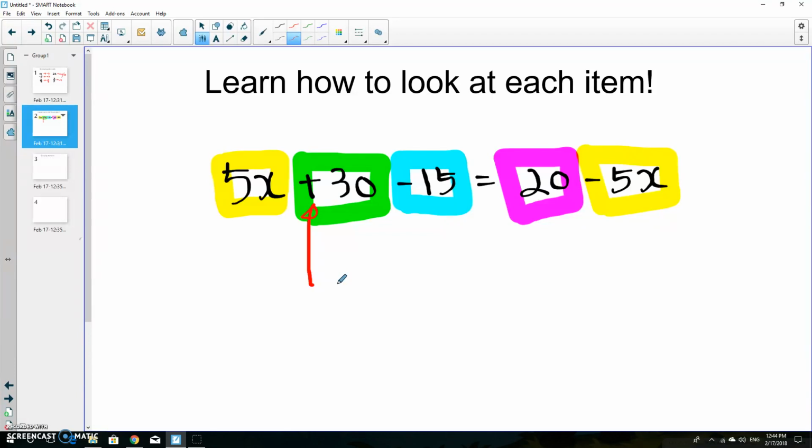Some of these may get a little more complicated, maybe I won't do it in this video, where the block of data may be a little bit bigger than just a number itself. When that happens, you just have to be really clear about which part of the equation you're dealing with. So remember that when you group them, try to learn how to group all of this together. You don't have a highlighter for it, you're just going to do it in your head, okay?